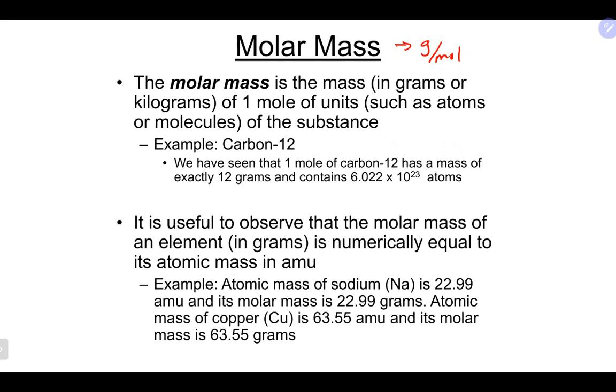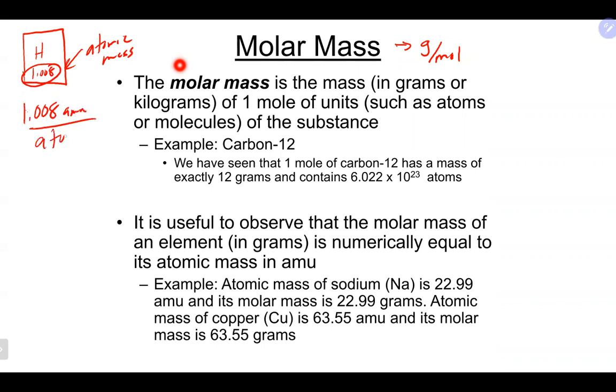The molar mass is basically the exact same thing, numerically speaking, as the atomic mass of an element. So the number that we see on the bottom of the periodic table there underneath the symbol, this is the atomic mass, which basically, if we pull it off, is 1.008 AMU per atom.